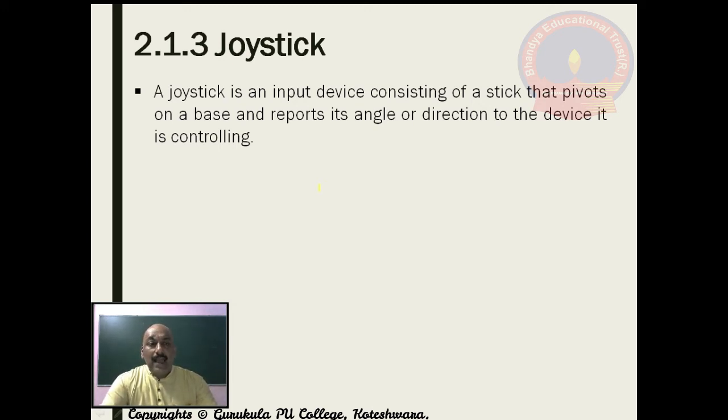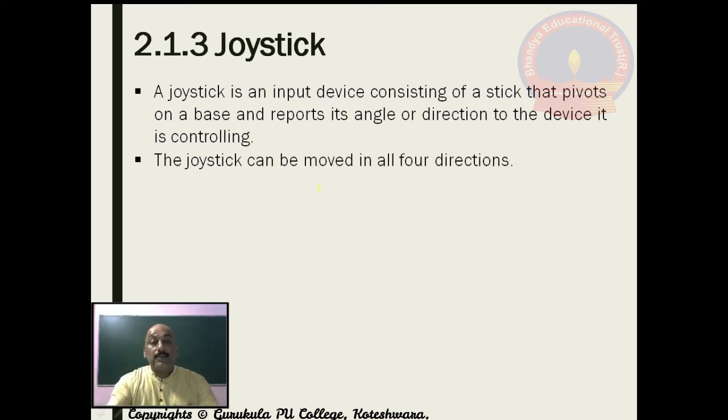A joystick is an input device consisting of a stick that pivots on a base and reports its angle or direction to the device it is controlling. So again it is input. As you rotate the stick in the middle, the angle you generate is given as an input.